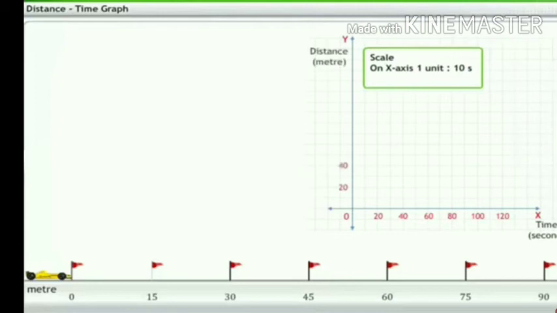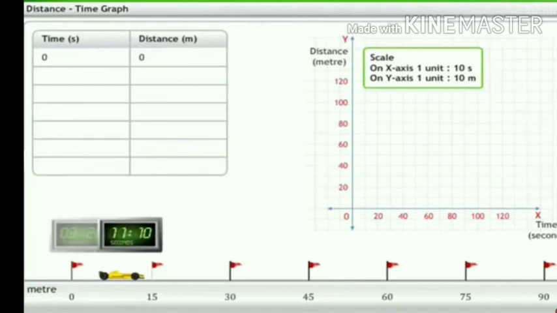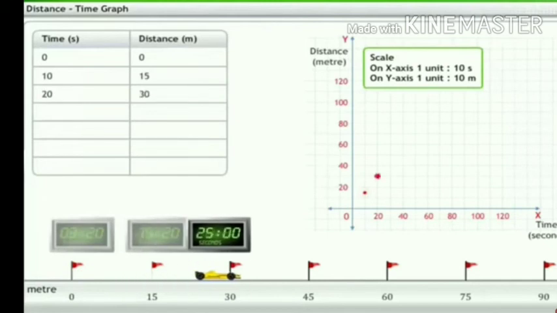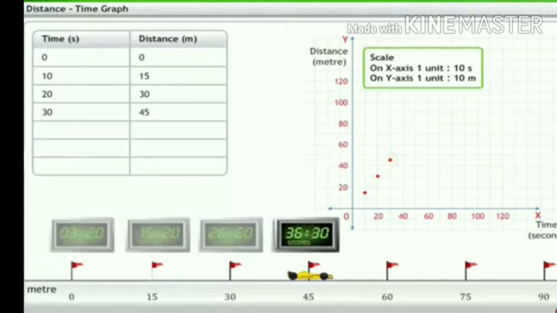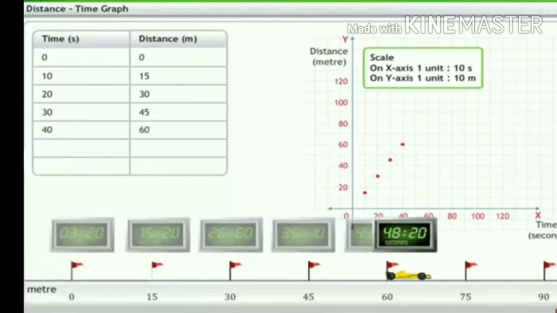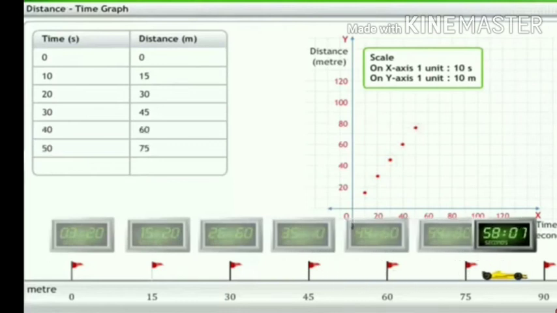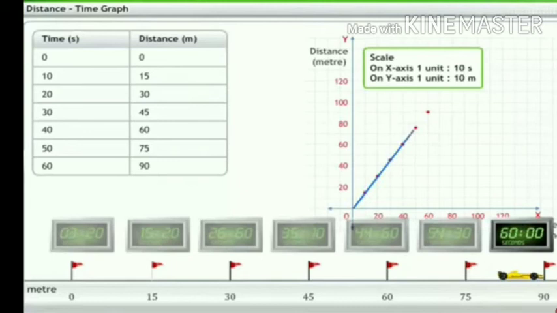So, when we are plotting on the x-axis 1 unit equal to 10 seconds and on the y-axis 1 centimeter equal to 20 meters, then you can see uniform acceleration because it covers uniform distance in equal intervals of time, and the graph when we plotted it is a straight line passing through the origin.